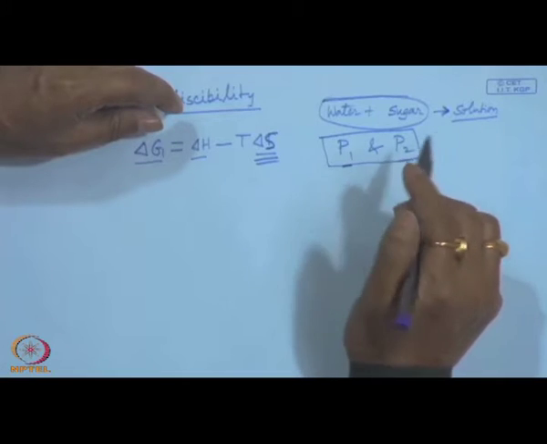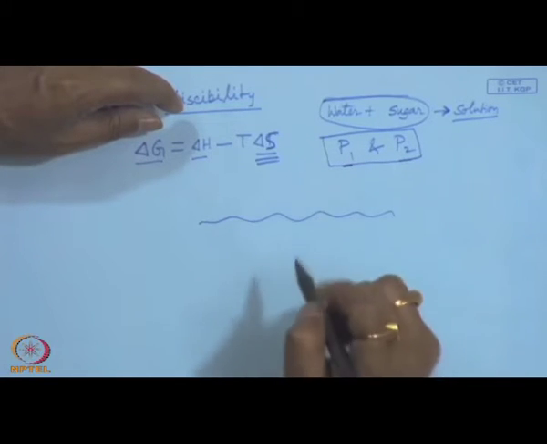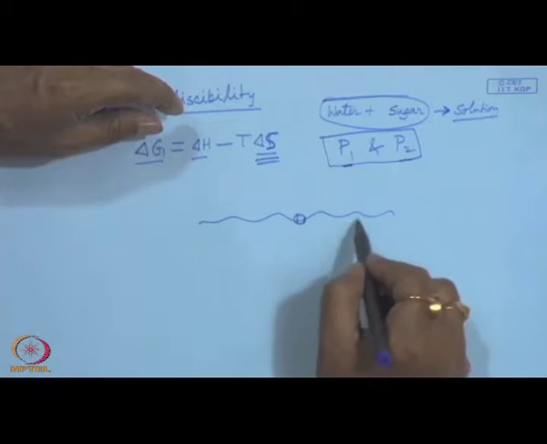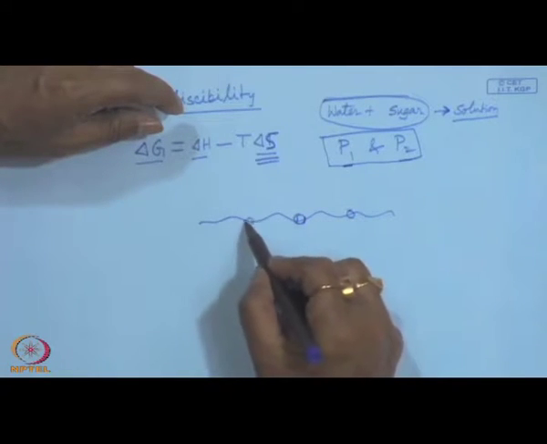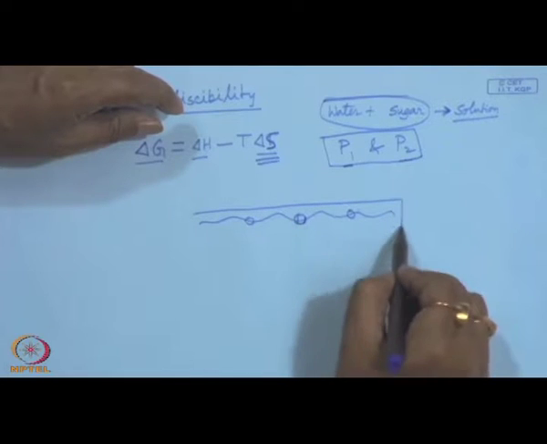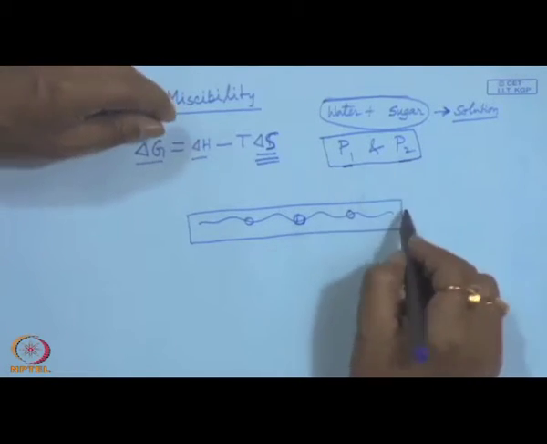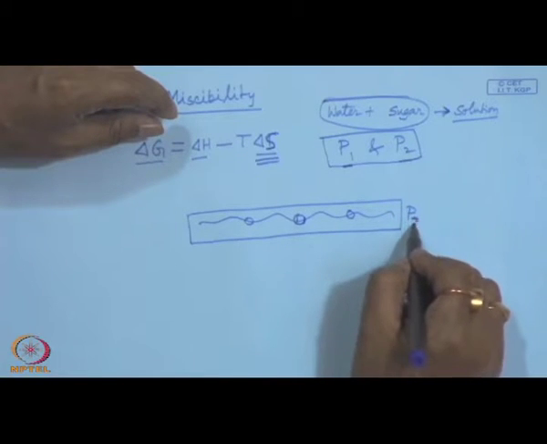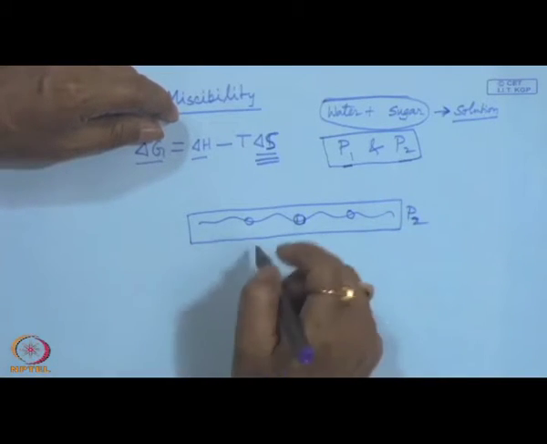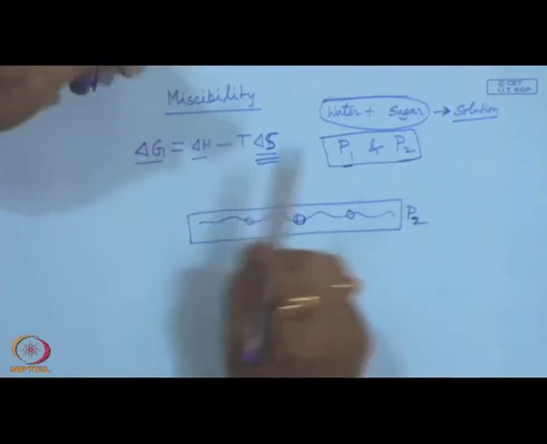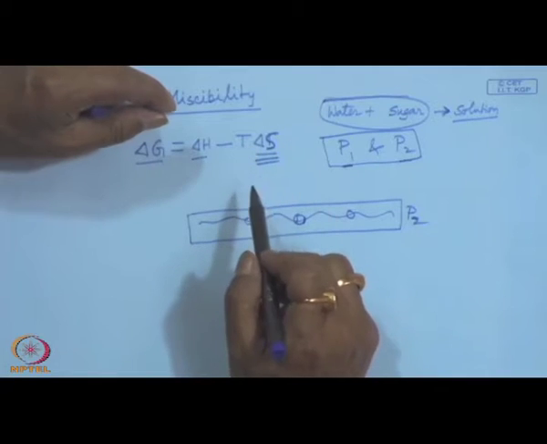A particular segment of a polymer chain may be a little mobile, but the mobility of the polymer molecule as a whole is not possible. For example, the mobility of P2 in P1 is not feasible, so the entropy of mixing of P1 and P2 is negligible.